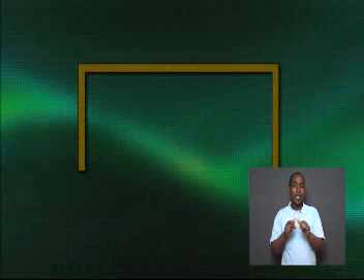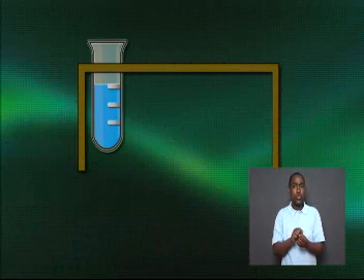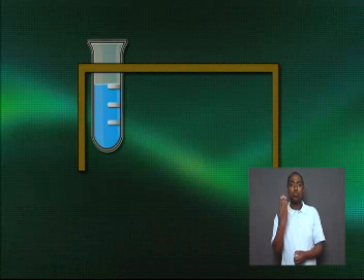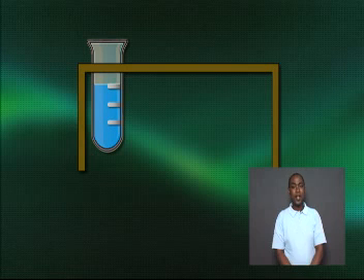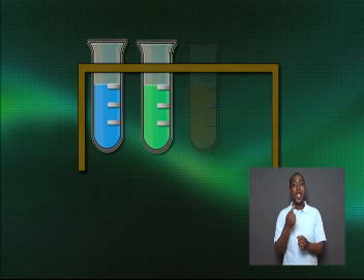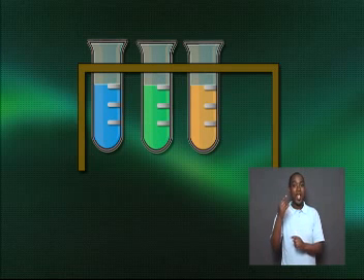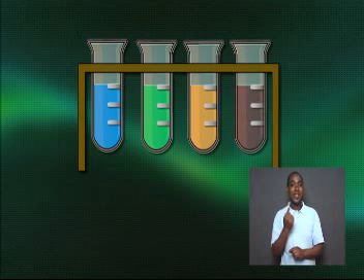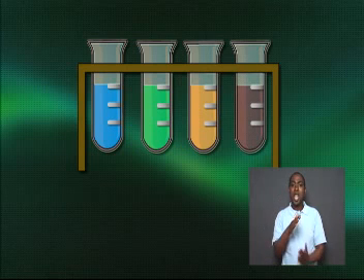The solution will start as a blue-colored solution. If it contains glucose, it will gradually change colors from green to yellow to orange to red to brick red or brown. The color change signifies that glucose is present.